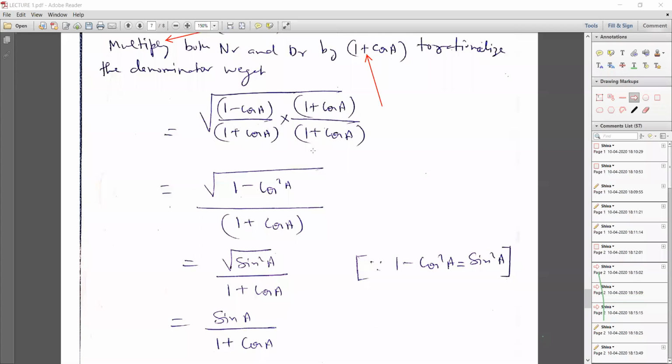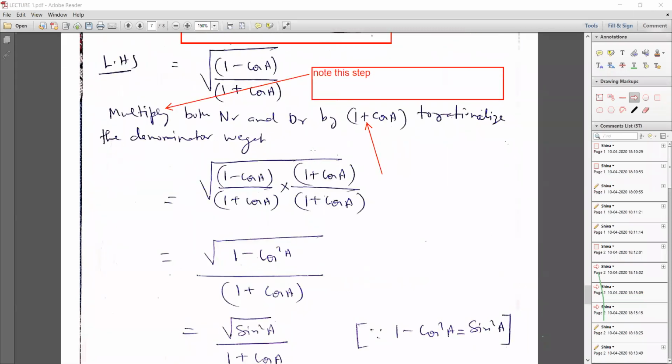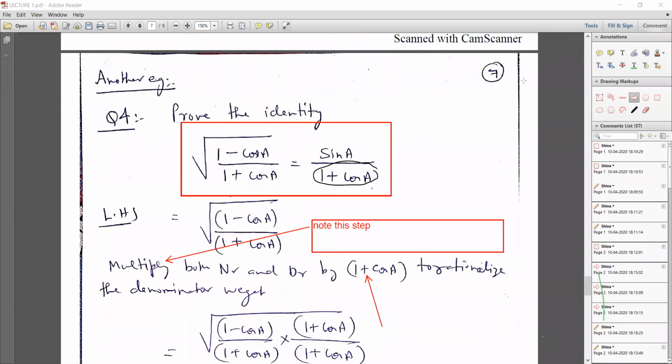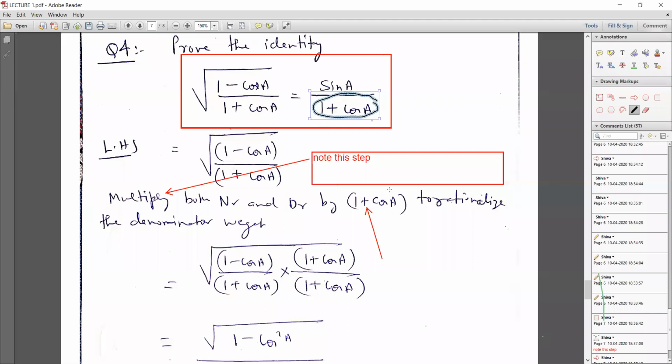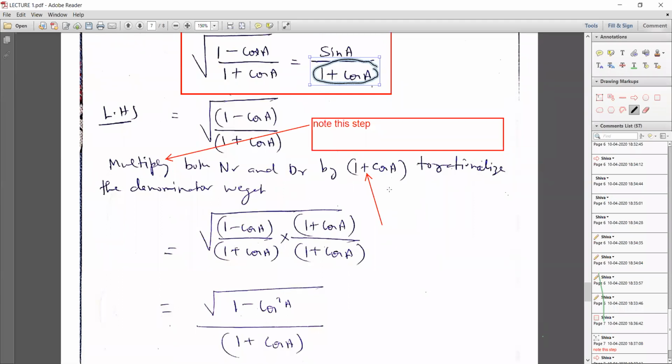Because I was already observing that on the right hand side, 1 plus cos A was already in the denominator. So sometimes you have to see what is the requirement. But in general, we multiply by the conjugate in these type of identities. That's what I was telling you. But we have to keep an eye on the right hand side result also, towards which we have to proceed.